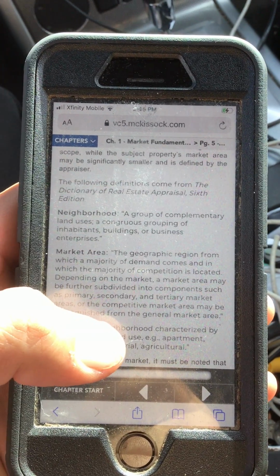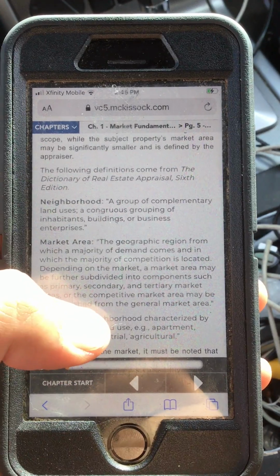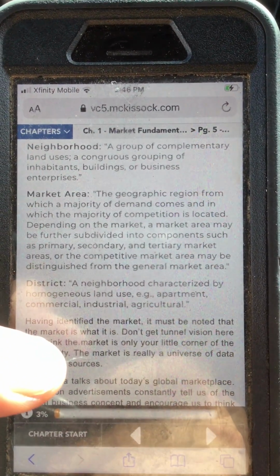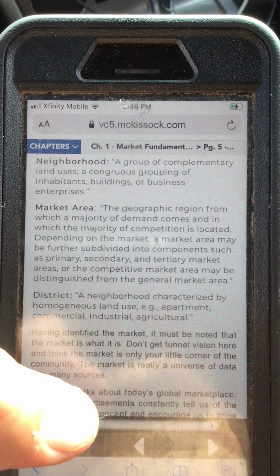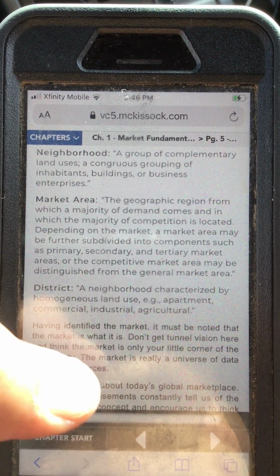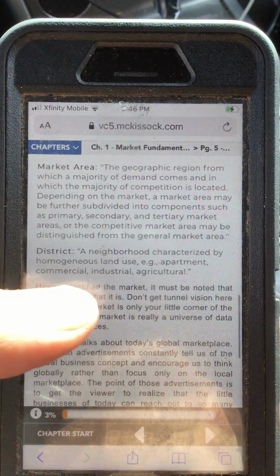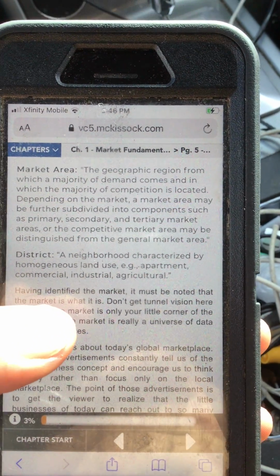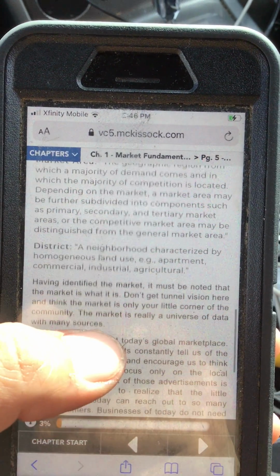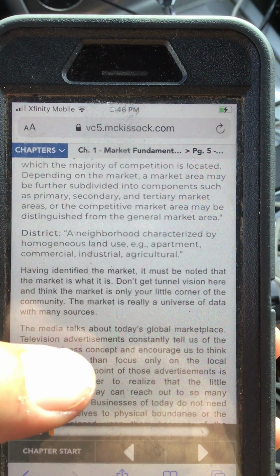The following definitions come from the Dictionary of Real Estate Appraisal, 6th edition. Neighborhood: a group of complementary land uses, a congruous grouping of inhabitants, buildings, or business enterprises. Market area: the geographic region from which a majority of demand comes and in which the majority of competition is located.